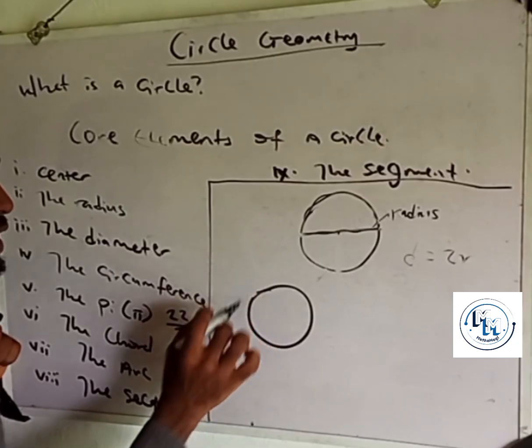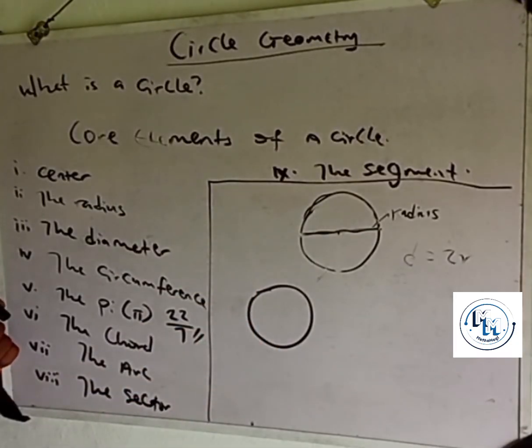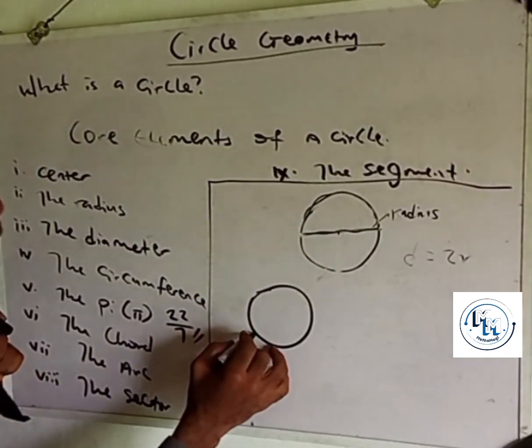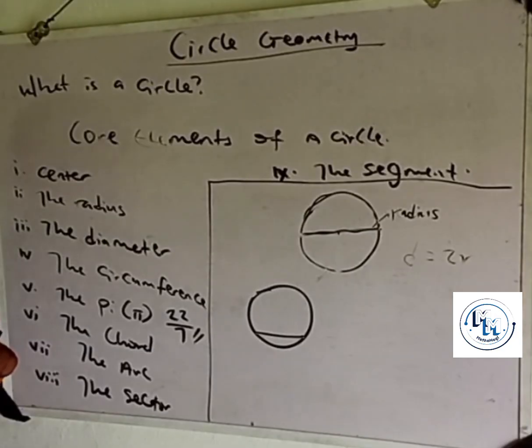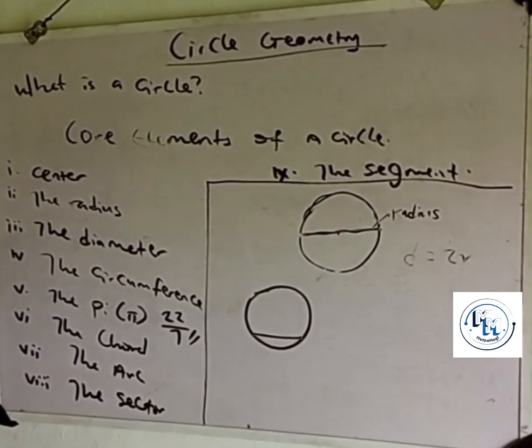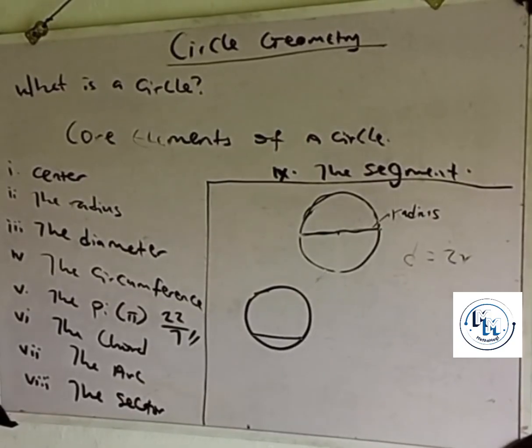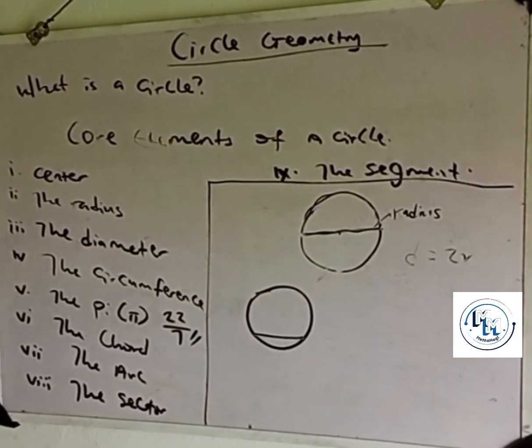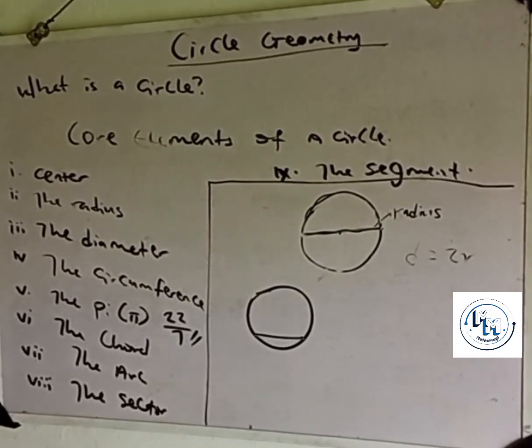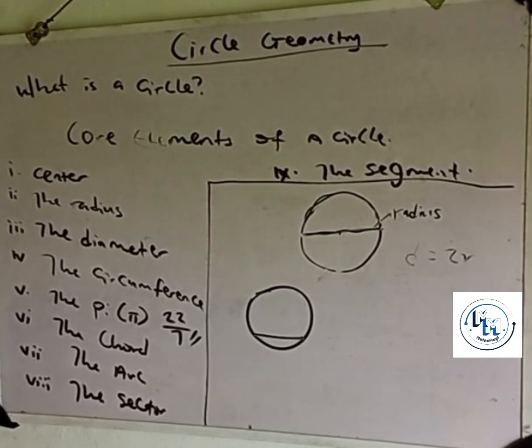A chord. A chord is any line that passes through the circle and touches 2 points on the circumference.